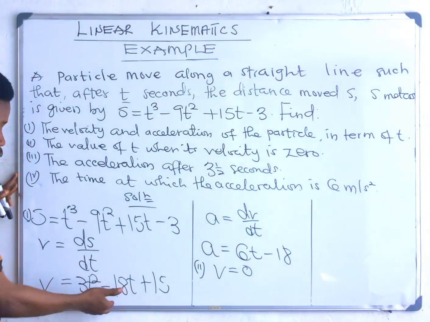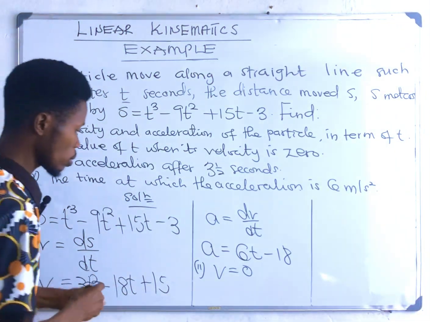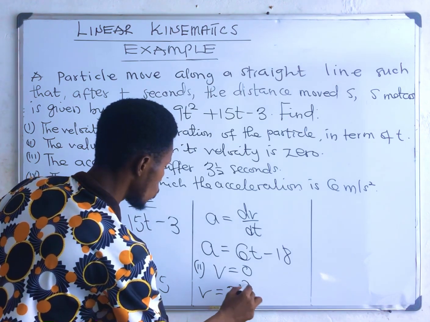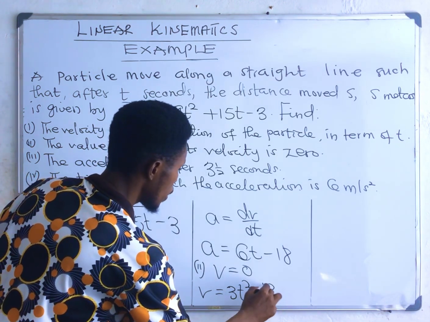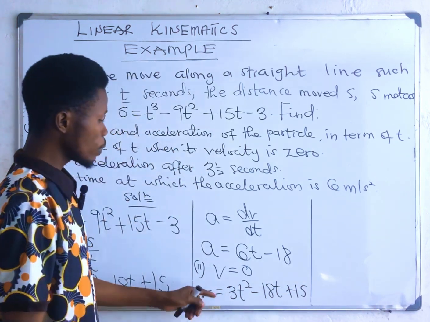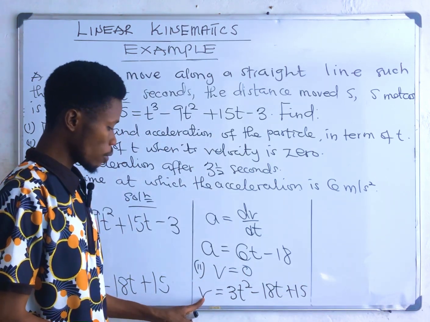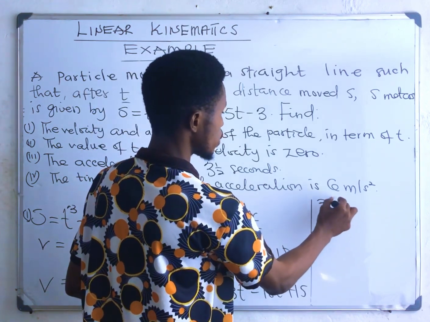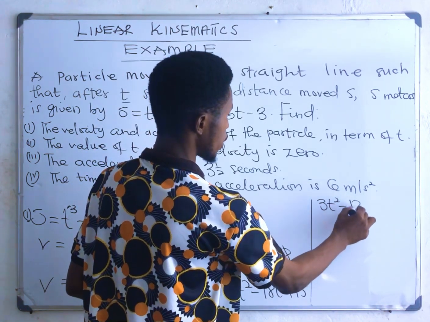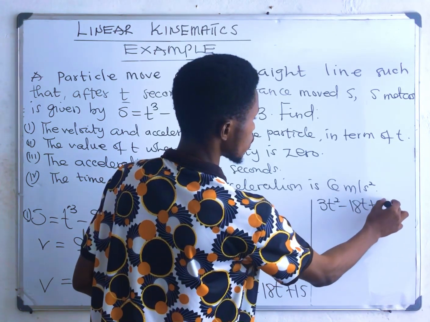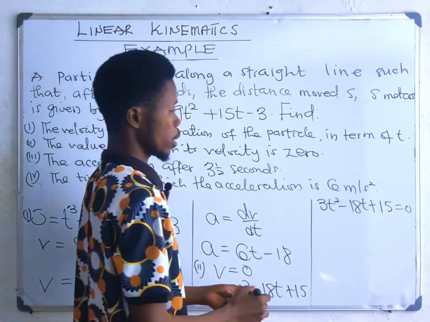This is our velocity. Our velocity was given as 3t squared minus 18t plus 15. So if the velocity is 0, it means wherever I see v, I should put 0 there. So I'm going to have 3t squared minus 18t plus 15 is equal to 0, okay?